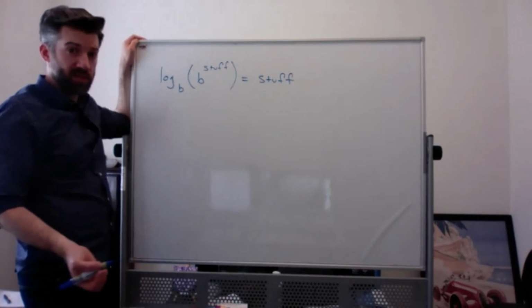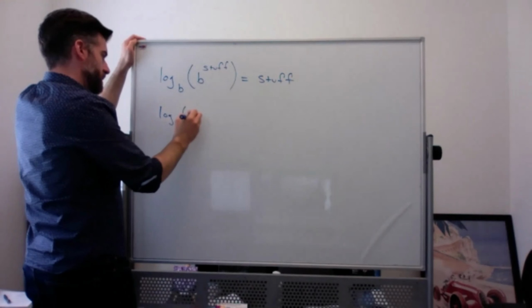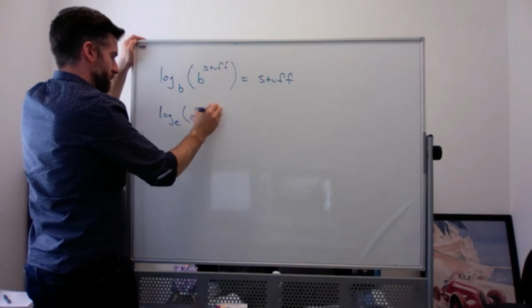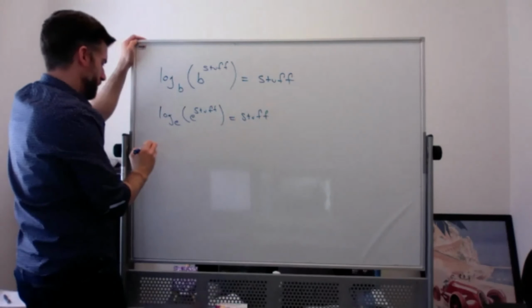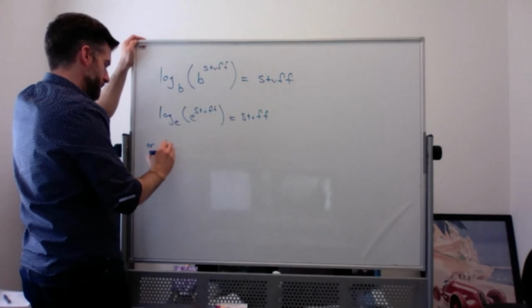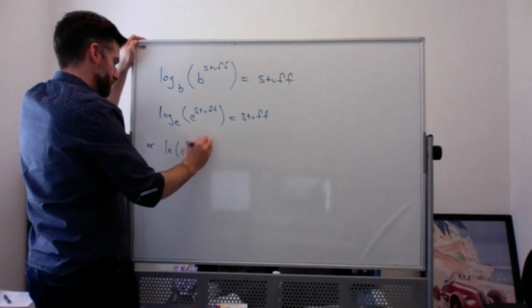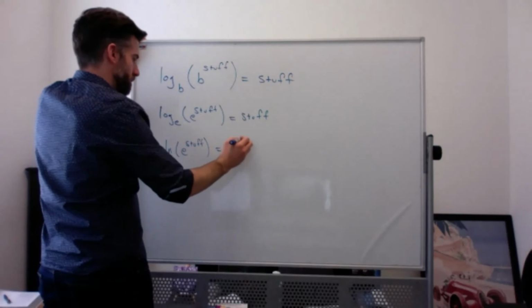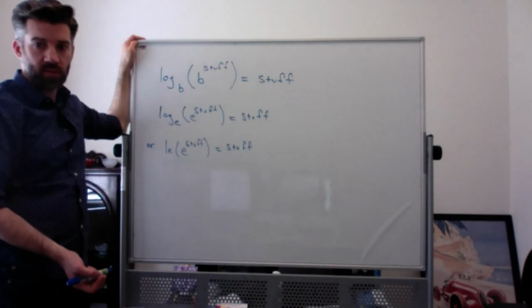Or if you want your base to specifically be e, you can say log base e of e to some power is equal to that power. Or the more normal way, the natural log of e to some power is equal to just that power. That's what's going on there.